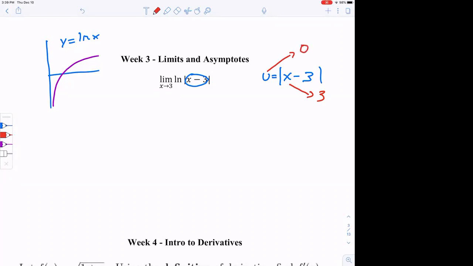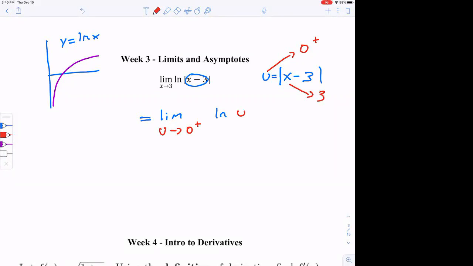It approaches 0, but only from the right-hand side, because we're taking the absolute value. So we can rewrite this limit with a u substitution so that we have u going to 0 from the right-hand side. And then everything that we have left over would be ln of u.